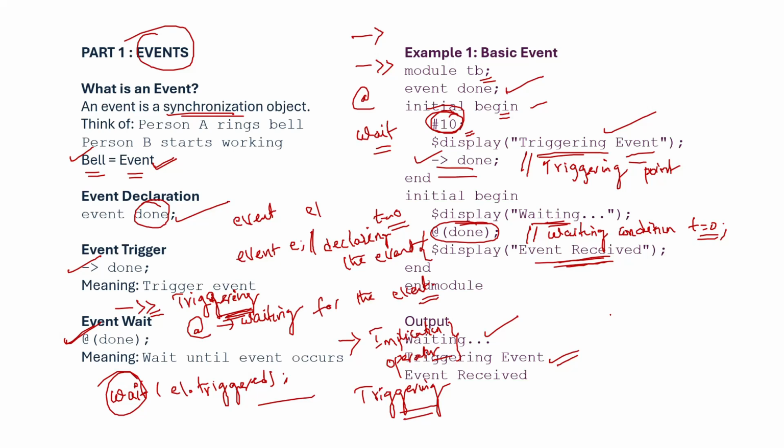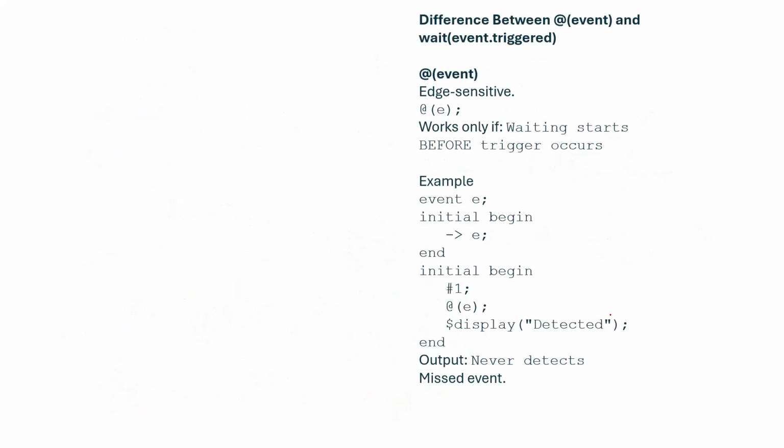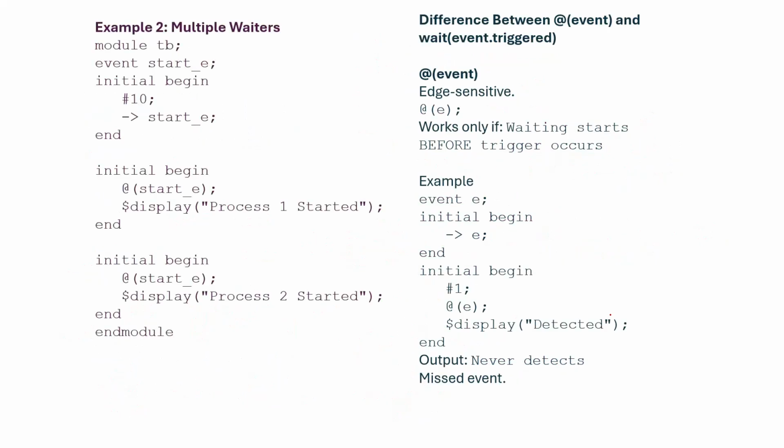They will ask you, how do you implement events? Multiple waiters, like here where I am using this start one. So now tell me which output is likely here. Multiple waiters are there.